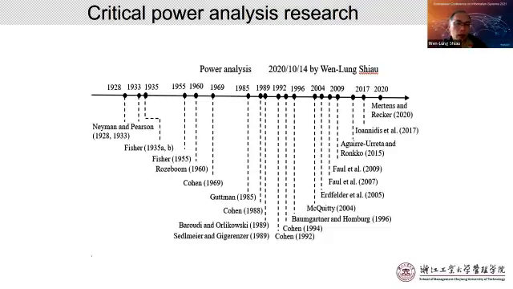We start getting into more detail from 1989, Baroudi and Orlikowski, that's our IS field, and the methods and the records. Another very famous one is Cohen. If you study power analysis, don't forget to read the books and papers from Cohen.